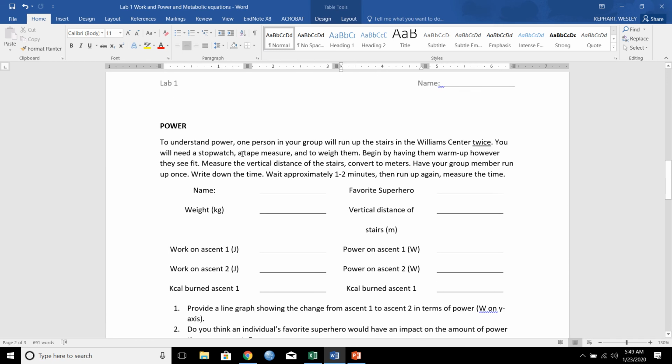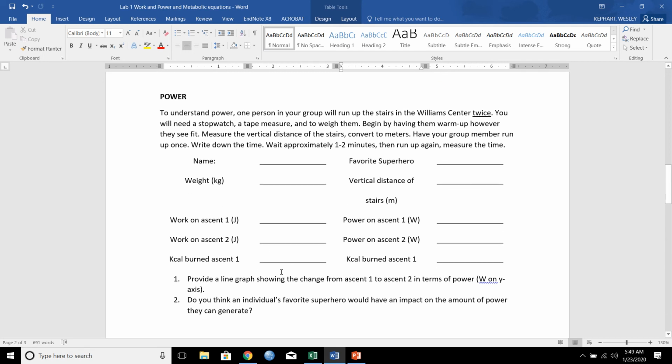Next, power. We're going to have 1 person in your group run up the stairs twice. I want you to calculate the amount of work done and the power. So power in watts, work in joules, from ascent 1 to ascent 2. And like the kilocalories burned, ascent 1, and there that says ascent 1, but it's going to say ascent 2.